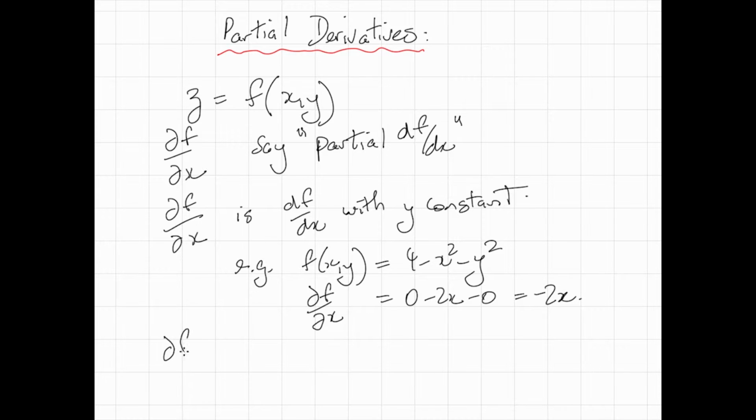The partial derivative of f with respect to y is, we find df dy with x constant.